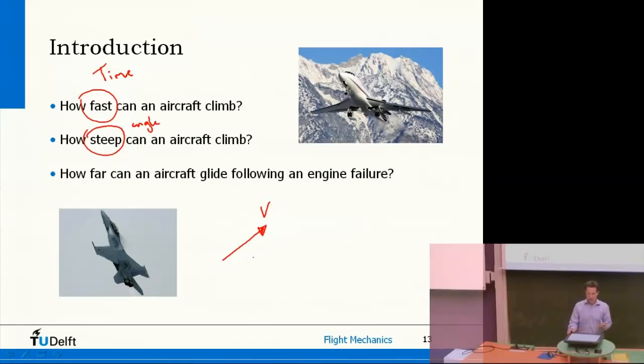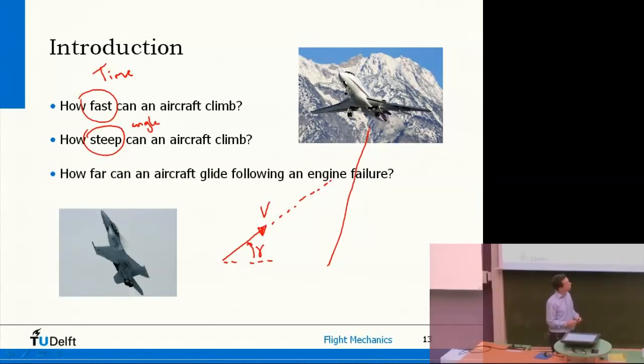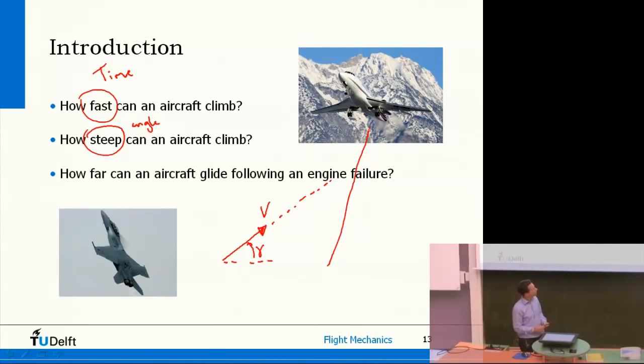So this angle tells you how steep you're flying because you're simply following this path. So if there's a big mountain over here, then that's quite relevant. Of course, you could also turn around, but that's a different story. So steep is about an angle, and time, or how fast, is something different.